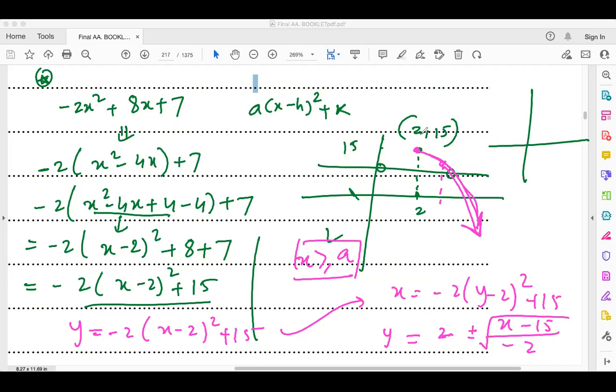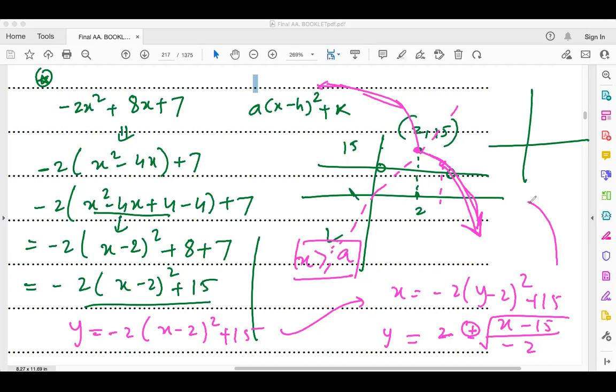A lot of times, if you simply look at the inverse of this graph, I haven't drawn it with the correct proportionality, but if I reflect in the y equals x line, the graph is something like here. In common sense, if you took the right side of the parabola, then you will be taking positive.